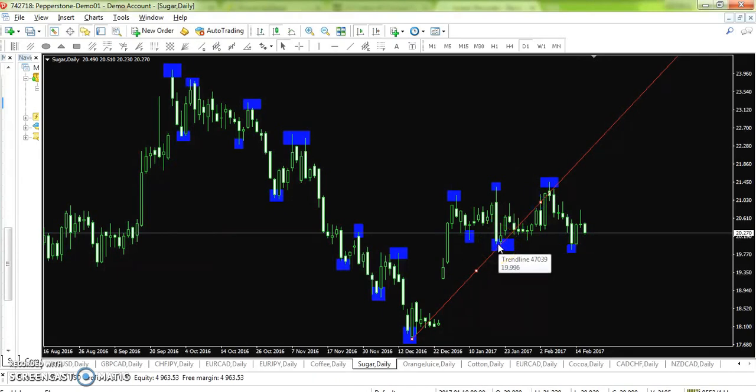So I have drawn an upward trend line. The trend line angle, as you can see, is now upward. Above this, one would say there is buying, and below this there is selling.